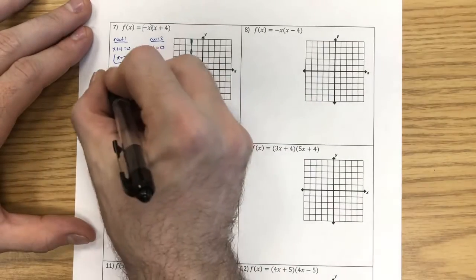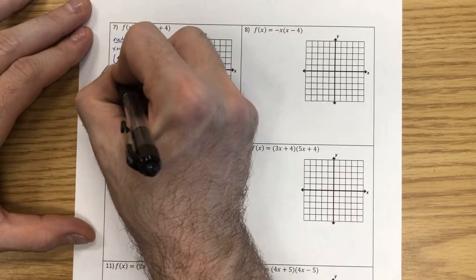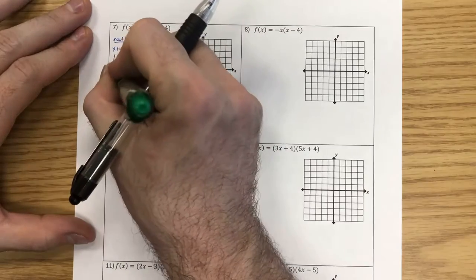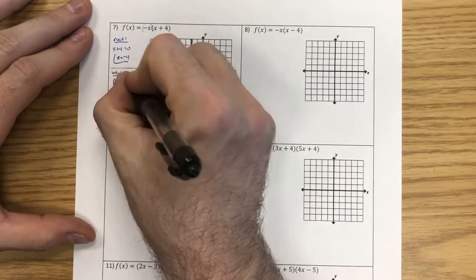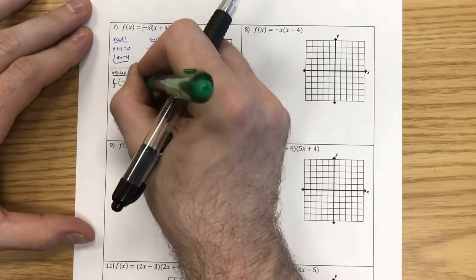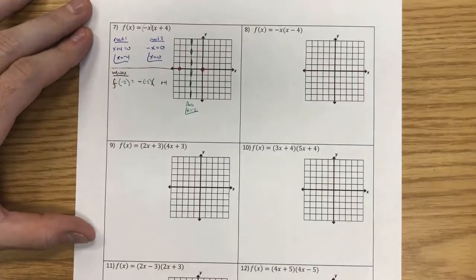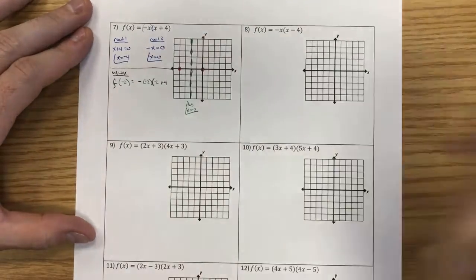So we're going to go ahead and plug in f of -2. So it equals a -2 times -2 plus 4.